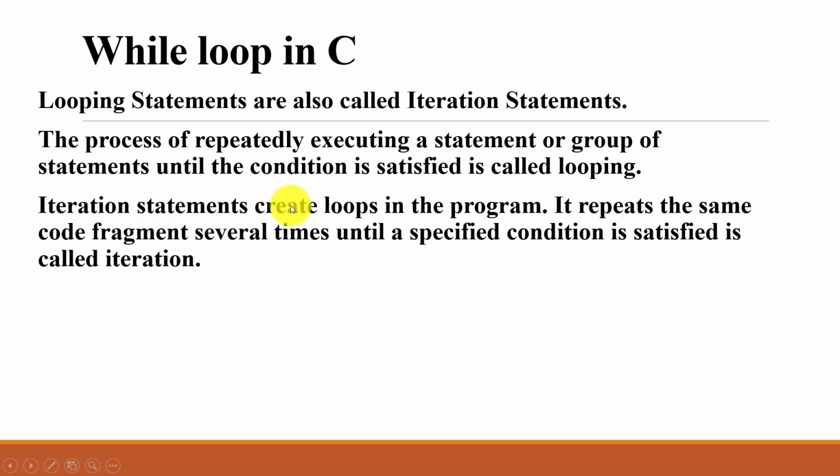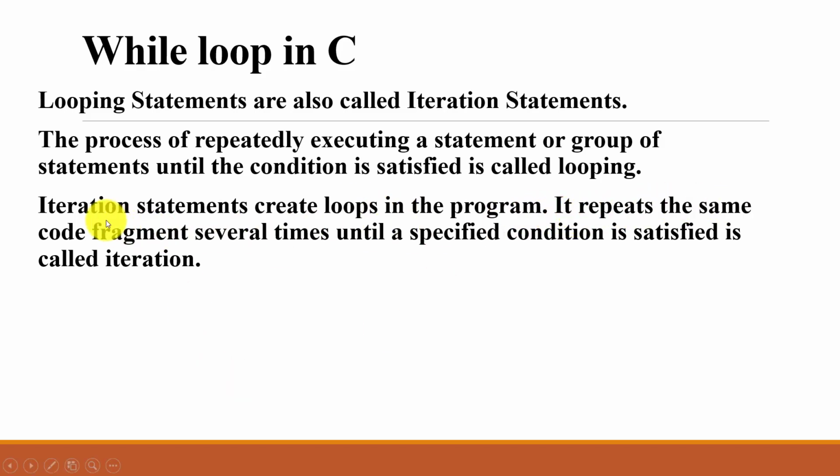Now when we repeat the same statement, it makes an iteration in the loop, that is, the same statement we have to perform again. Suppose I want to print a statement 10 times in our program, then we have to write the printf statement 10 times. So instead of writing it 10 times, we can use an iterative loop, and that is nothing but looping.